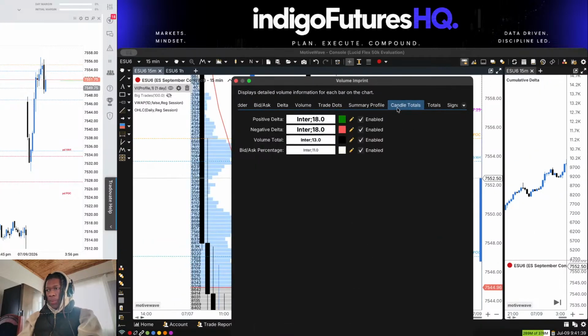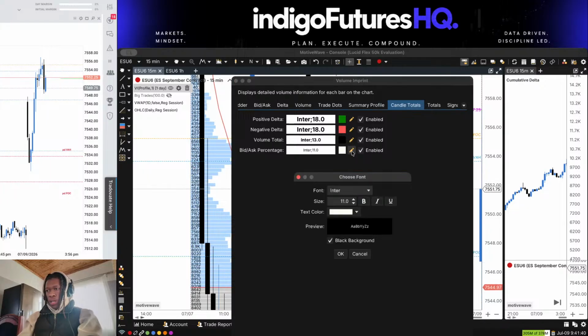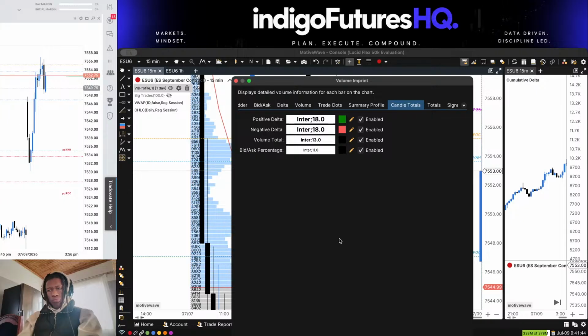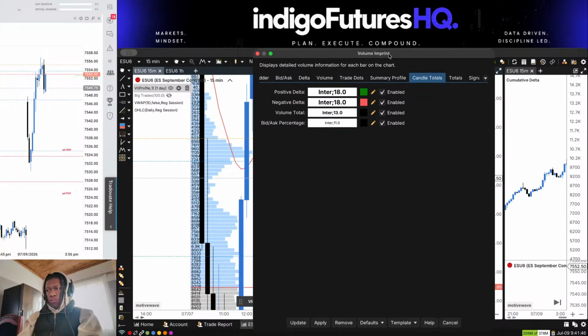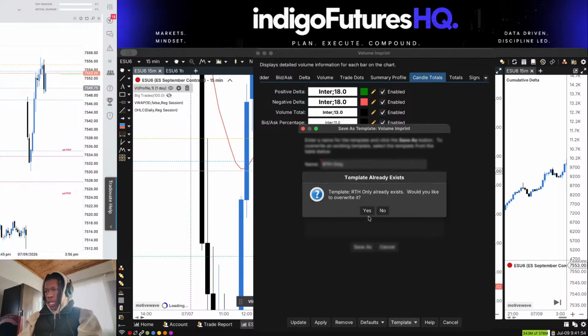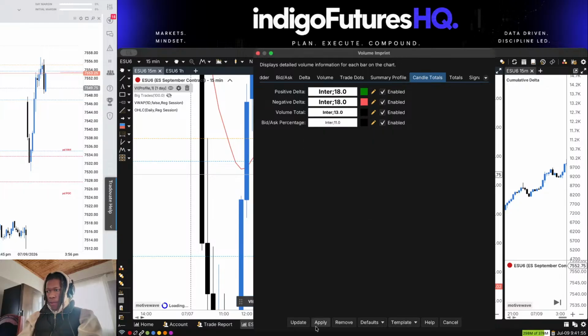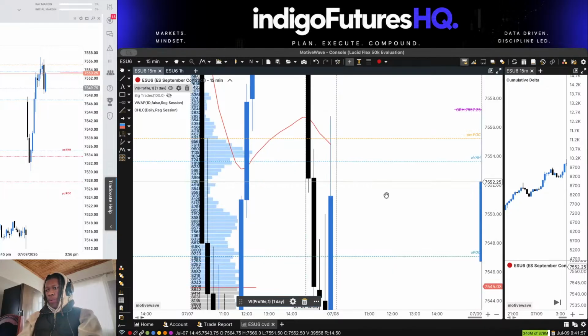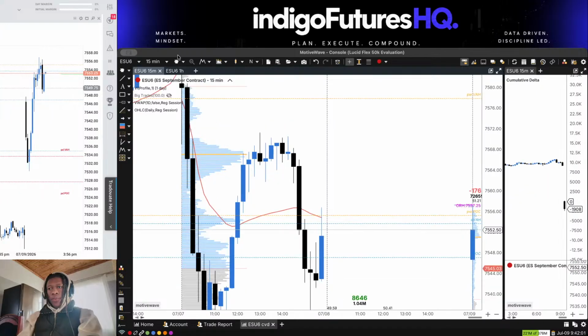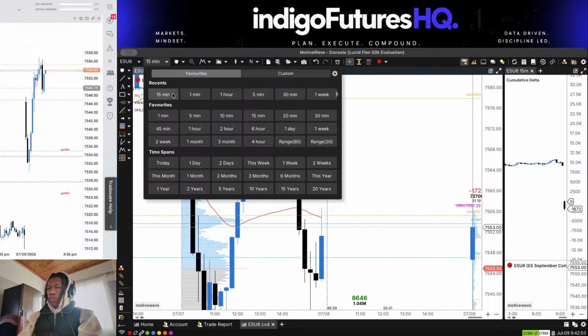And make sure our candle totals are on and that is set to black, which should just make a template once, right? Save as template RTH only. Yes, apply update. See, made it with time to spare.